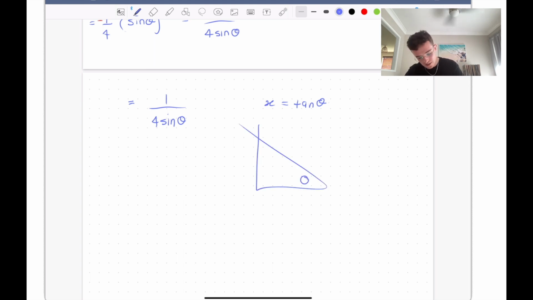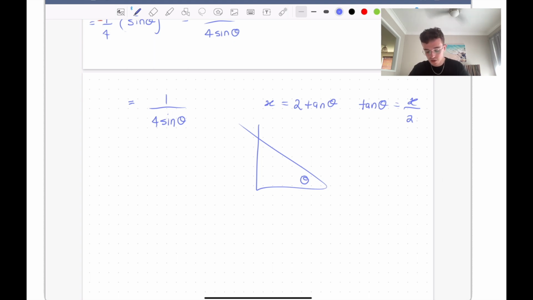We're going to say this is theta here, which means that is x and that is 1. And actually, we actually made x equal to 2 tan of theta. So we're going to say tan of theta equals x on 2. That's just a little mistake in the initial question. So x was 2 tan of theta, which means tan of theta is x on 2.